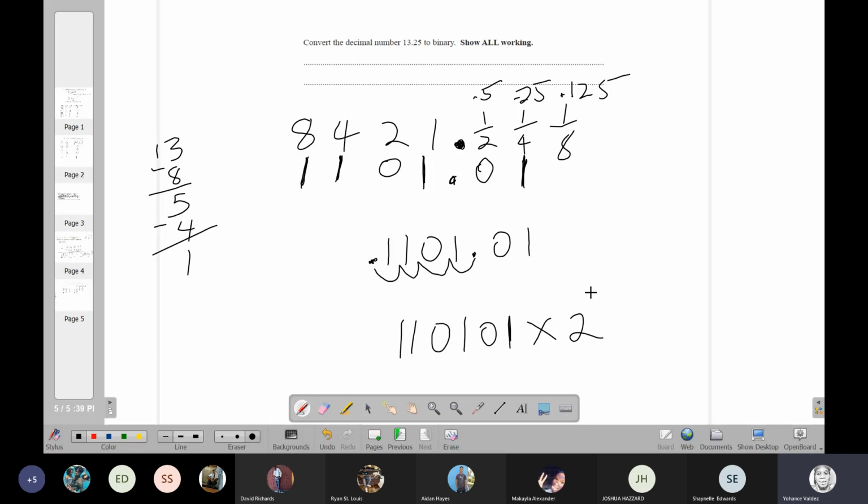And what is 4 in binary? 4 in binary is 100, if you're representing it as binary notation. So this is how we would represent this here. You all follow me here in terms of representing this number as a floating point number in binary?